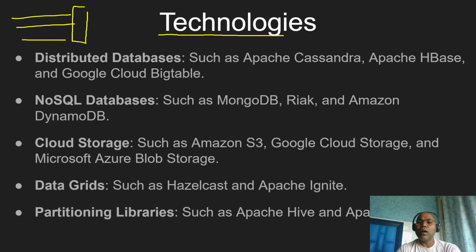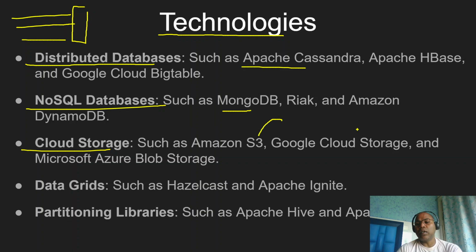Lots of technology is already available. As system design engineers, our responsibility is to know, for this kind of partitioning and this nature of data, which database, technology, or file storage will help us. If you require a distributed database, you can go with Apache Cassandra, Apache HBase, Google, Amazon, everyone offers one. If you decide on a NoSQL database, you can go with MongoDB or Amazon DynamoDB. If you need cloud storage, you can go with Amazon S3, Google Cloud Storage, or Microsoft Blob Storage.